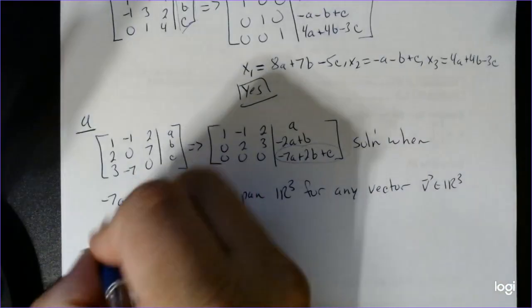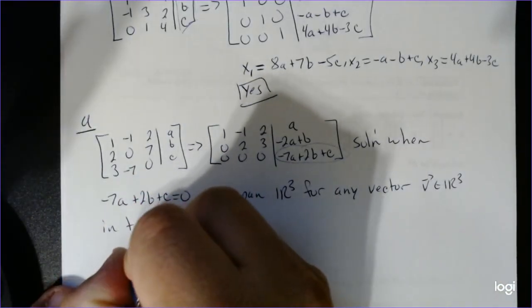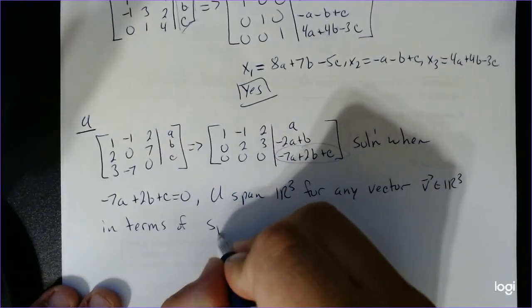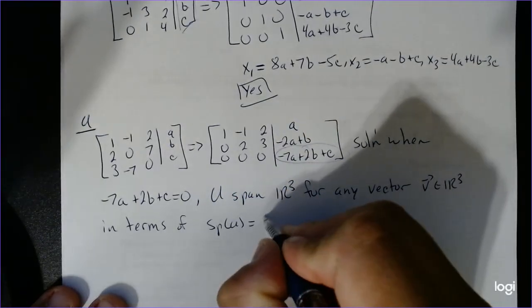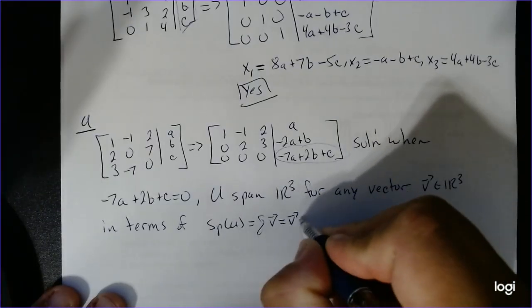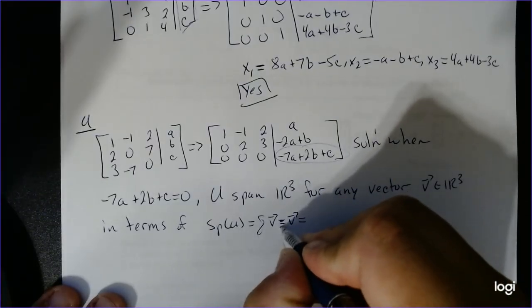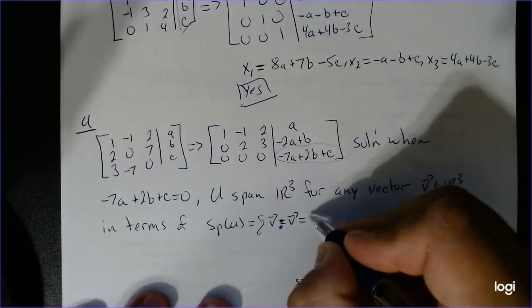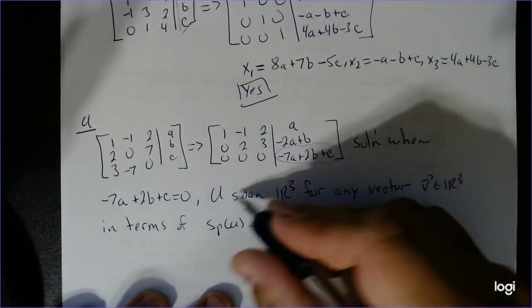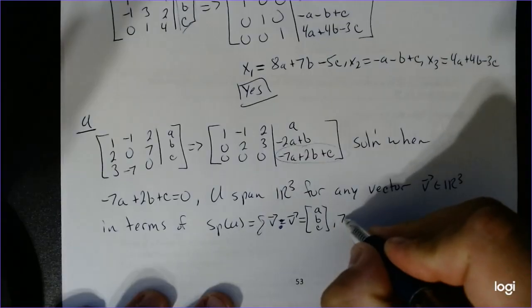So in terms of the span of U equaling any vector V, such that this vector V is equal to A, B, C, such that this condition actually holds.